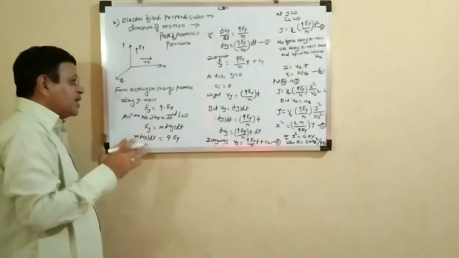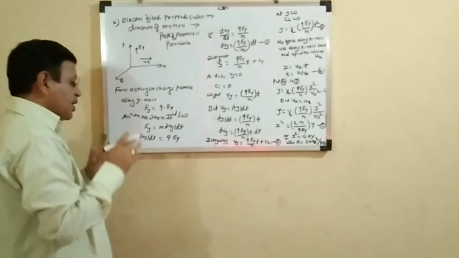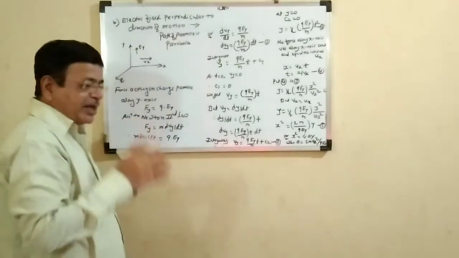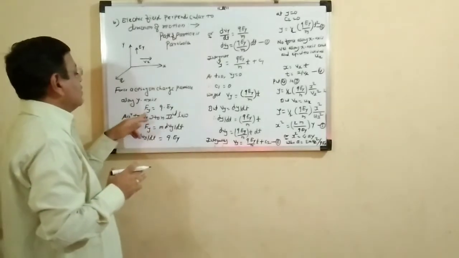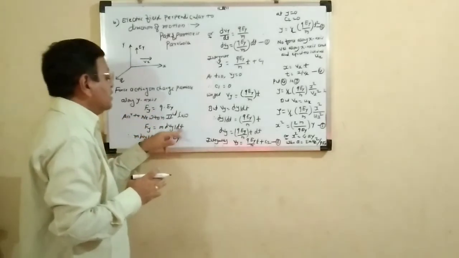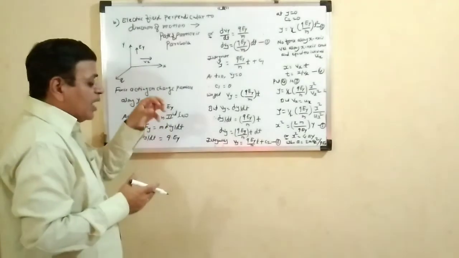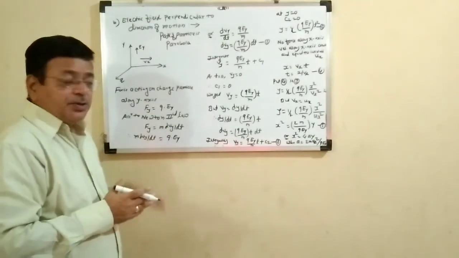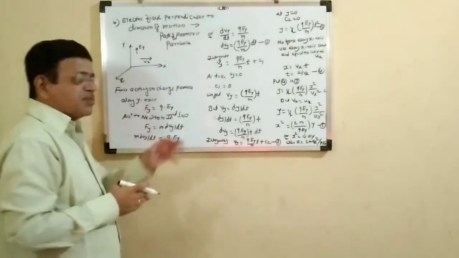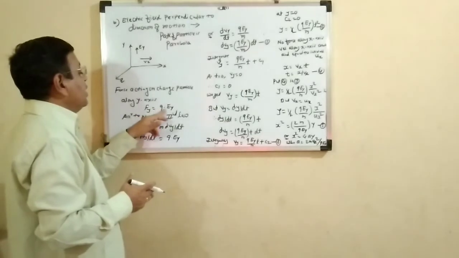Then the force acting on the charged particle along the y-axis, according to Newton's second law, is Fy equal to m into dvy by dt. And when the charged particle is subjected to an electric field, the force acting on it due to the electric field is Fy equal to q into Ey.